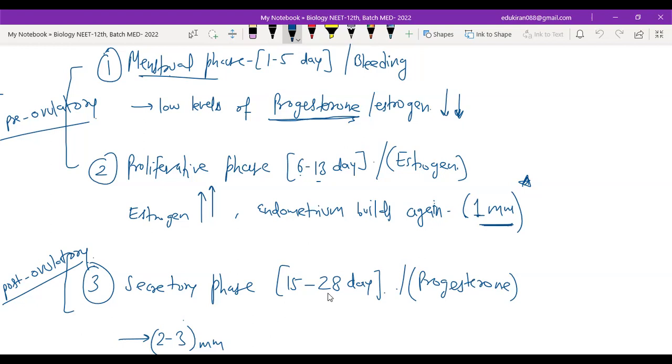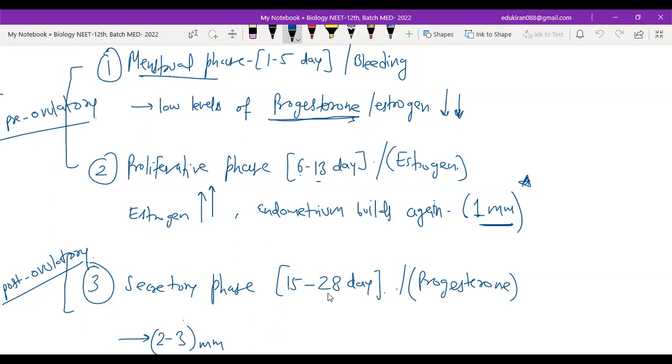So write down, from the corpus luteum in the ovary. Next point, progesterone causes the endometrium of the uterus to double or triple its thickness. This is where you think, Fatima, that progesterone is important for the endometrium, right?